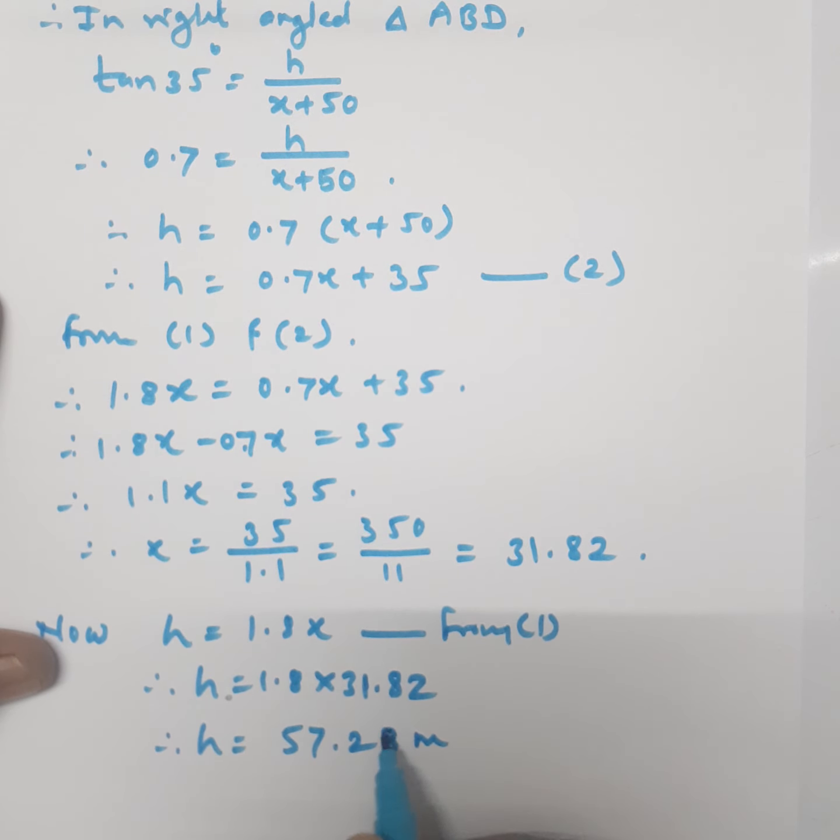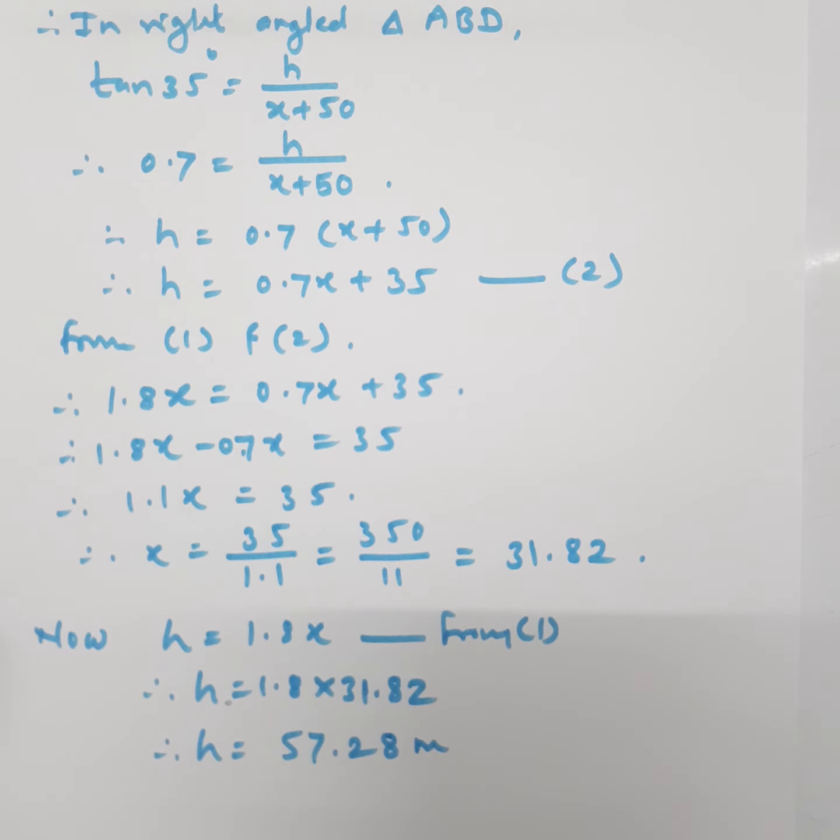It is 57.28 meter. Thus we have two values: x is equal to 31.82 meter, and the second value, the height of the tower, h is equal to 57.22.